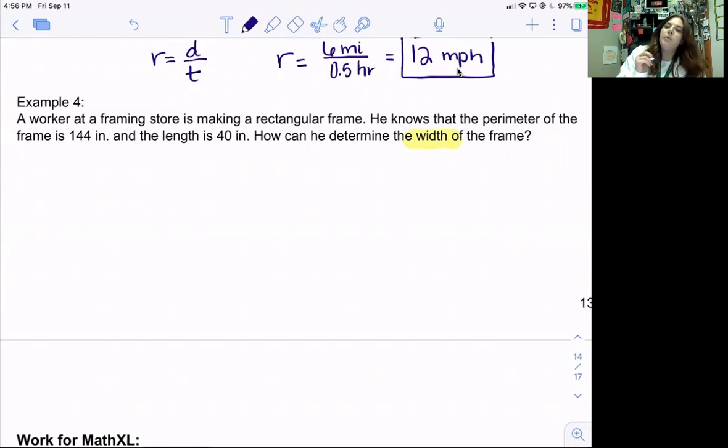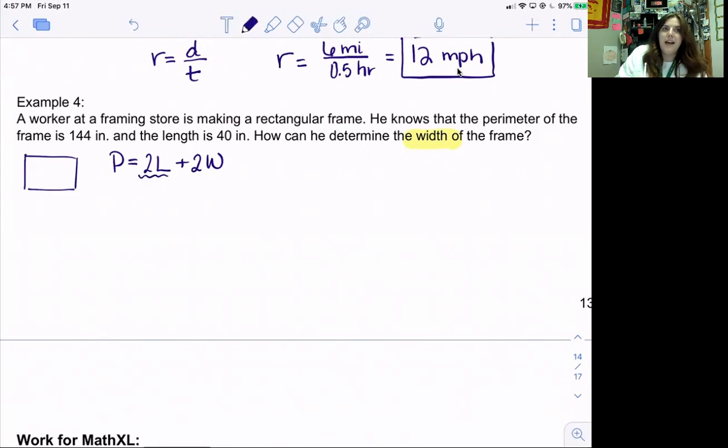So when we think about perimeter, we're finding the distance around a figure. And for a frame, that would be our rectangle. Okay, we have a formula for a perimeter of a rectangle, which is 2 times the length plus 2 times the width. So if we want to solve for W, we want to start off with getting rid of this 2L.